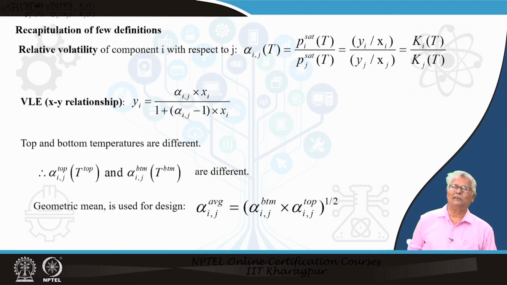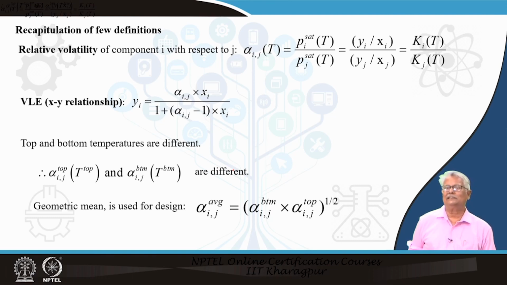We very quickly recapitulate the definition of relative volatility in terms of the saturation pressure at a particular temperature, in terms of the mole fractions y and x, and also in terms of the distribution coefficients K_i and K_j. So, the alpha_ij expression is what you see here displayed.